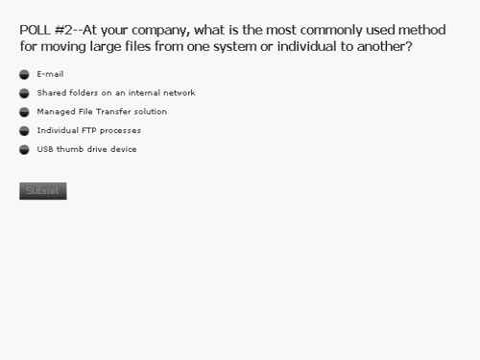Is it email, shared folders on an internal network, a managed file transfer solution, individual FTP processes, or USB thumb devices? We're going to give a moment to get some responses from our audience. Please share your experience with your colleagues, and we'll show the results shortly.